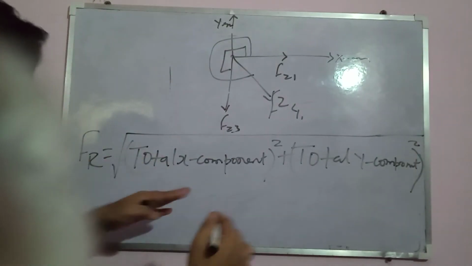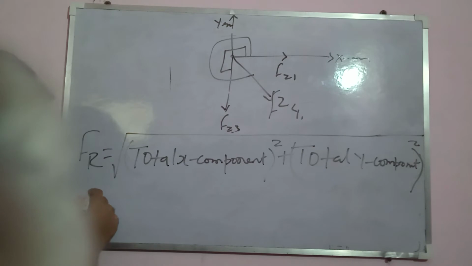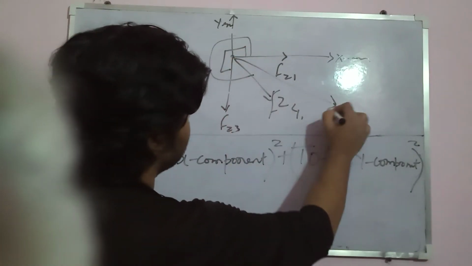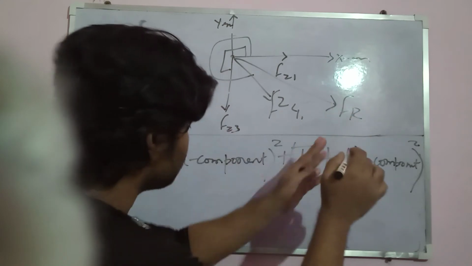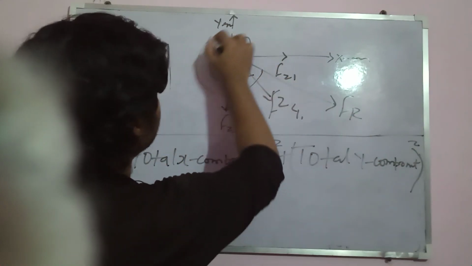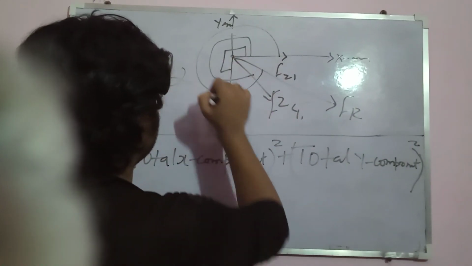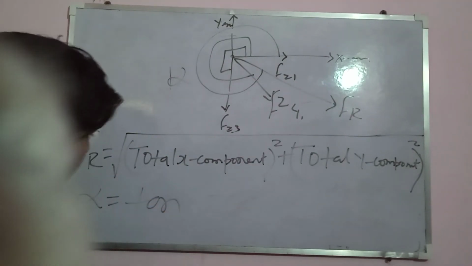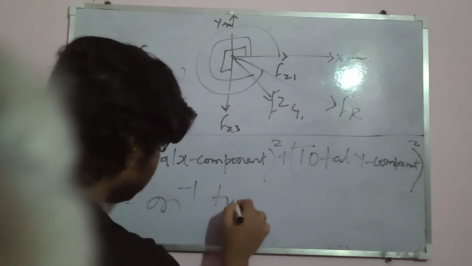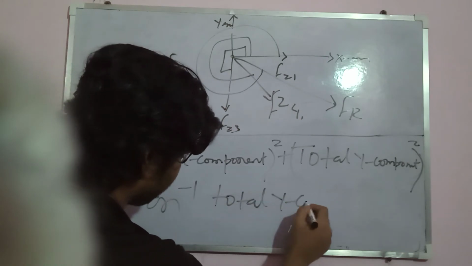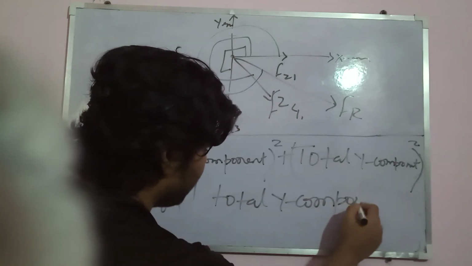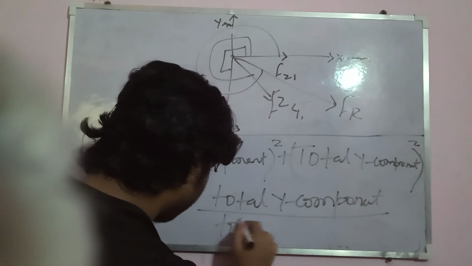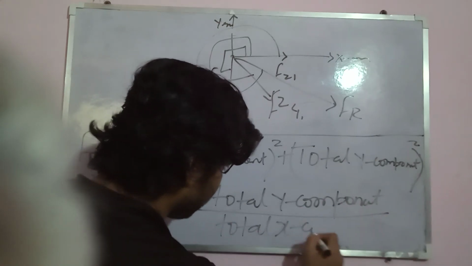And to get the direction of the resultant vector, suppose my resultant is this. At Q2, it makes an angle alpha from the x-axis. So alpha will be its direction. Alpha is equal to tan inverse of the total y component by the total x component.